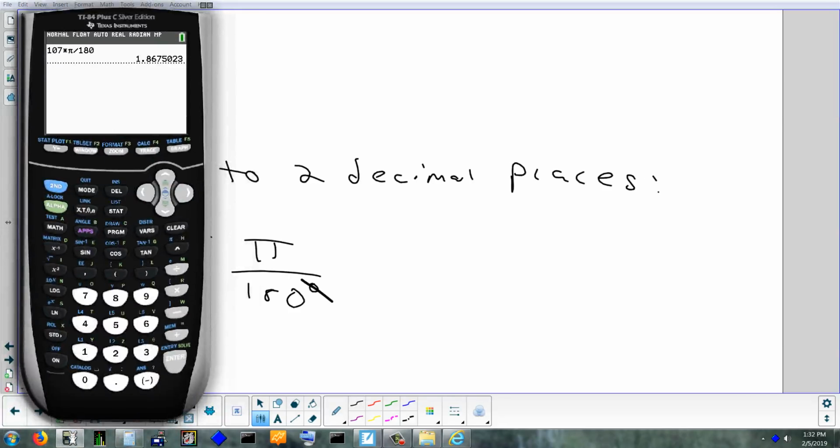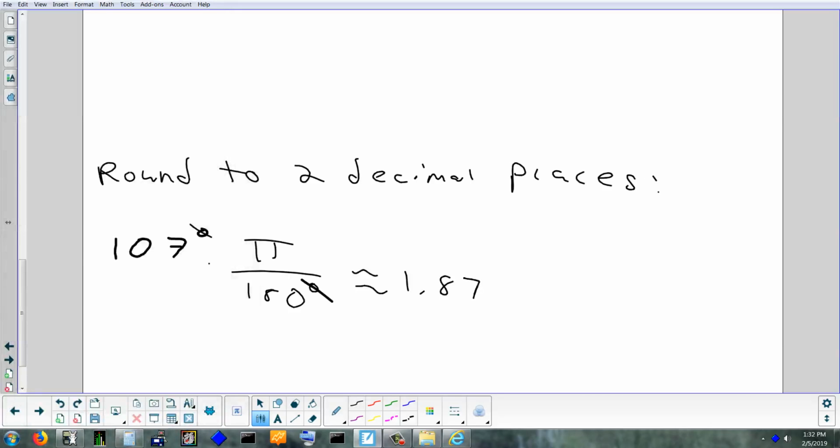That's about 1.87 if we round to 2. 1.87 radians. Any questions on converting from degrees to radians?